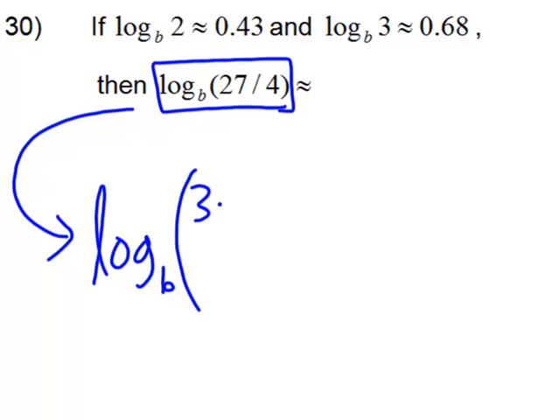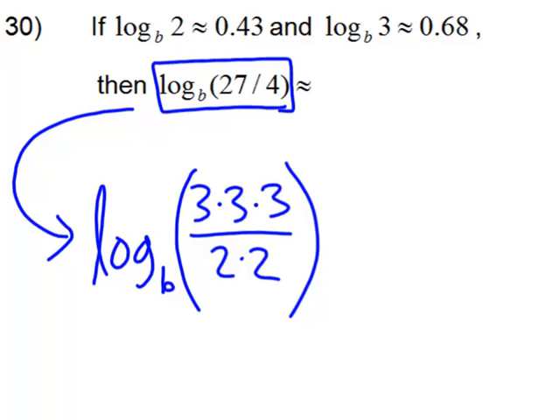That's 3 times 3 times 3. And the 4 in the denominator, that's just a 2 times 2. We can, of course, go ahead and just call that 3 cubed over 2 squared. And for this particular problem, I think that is appropriate to do so. Sometimes I think it's nice to write it out the long way, but let's go ahead and just make that 3 cubed over 2 squared.